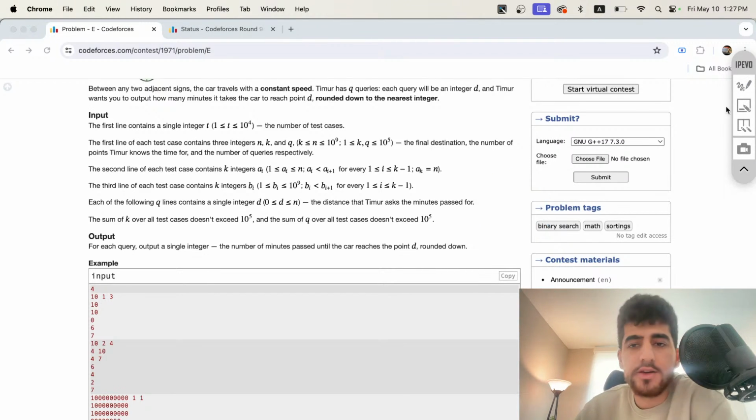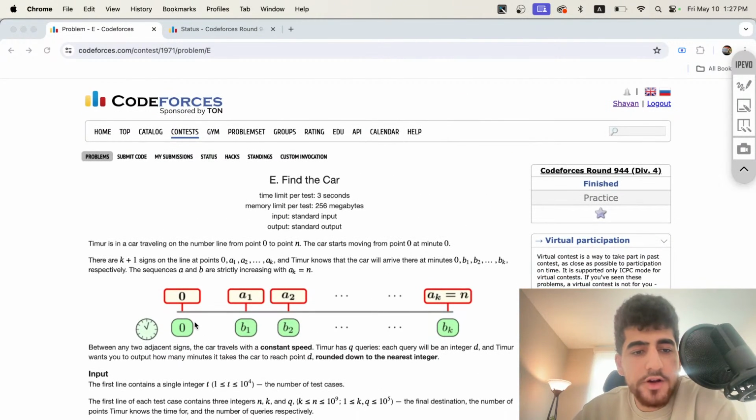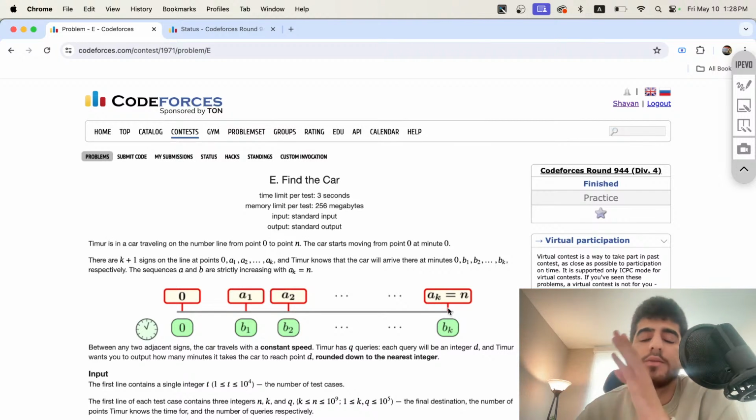The question is just saying that I have a car. I know that at time b1 the car is gonna be at a1. At time b2 the car is gonna be at a2. At time b3 the car will be at point a3, and at time bk, the car will be at point ak. I know that between each 2 points the speed of the car is constant.